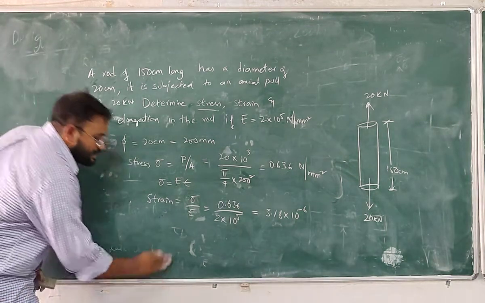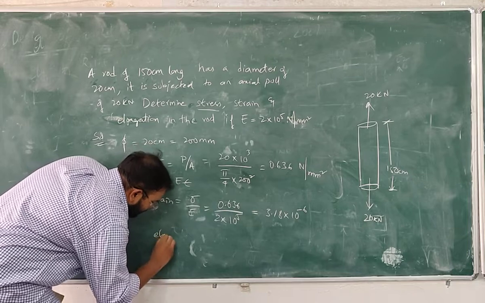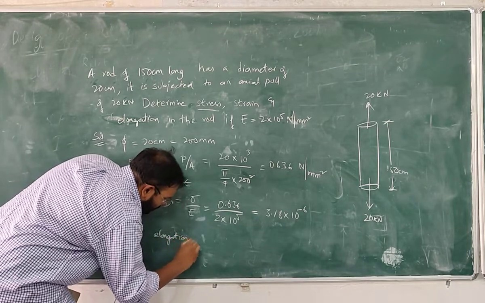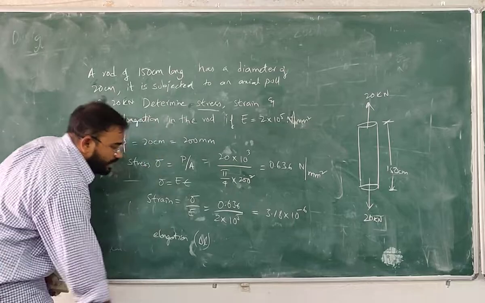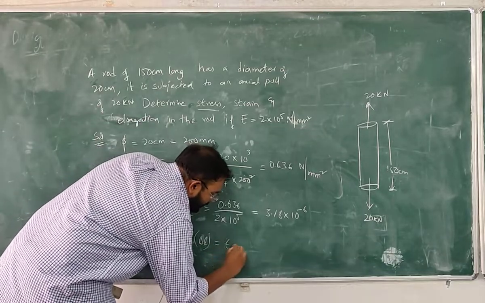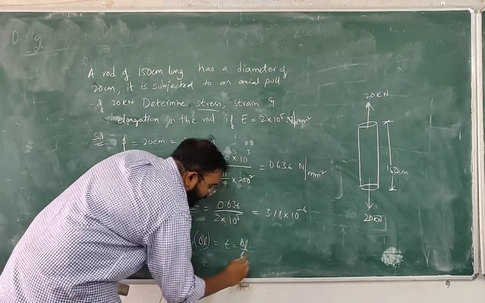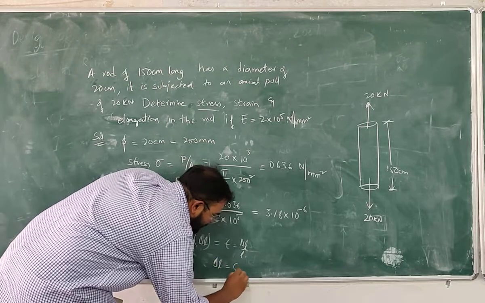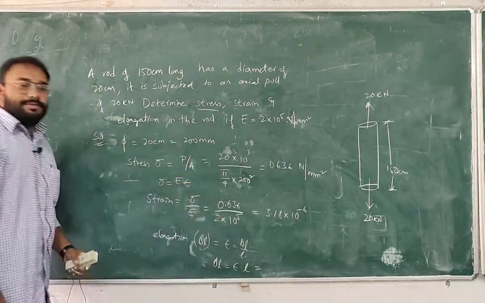Now also asked is elongation. Elongation is denoted by delta L. So epsilon is equal to delta L by L, or delta L is equal to epsilon multiplied by length.